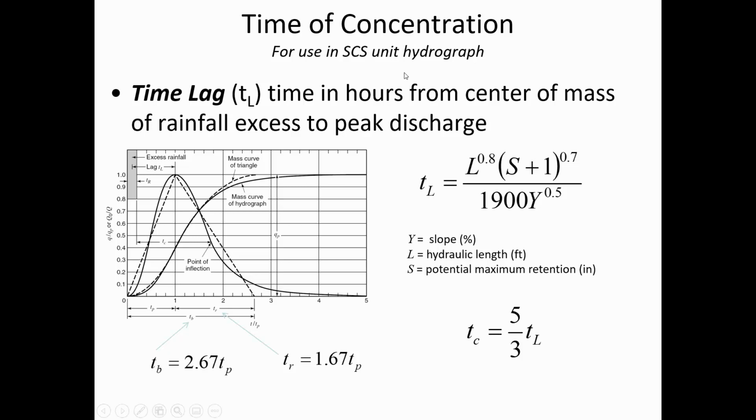This formula is going to give you the lag time in hours, and remember that the lag time is measured from the middle of some rainfall excess period until we see the peak. So that's what we define as the lag time. L is the hydraulic length, the distance within the watershed from the furthest point away from the outlet to the outlet itself.